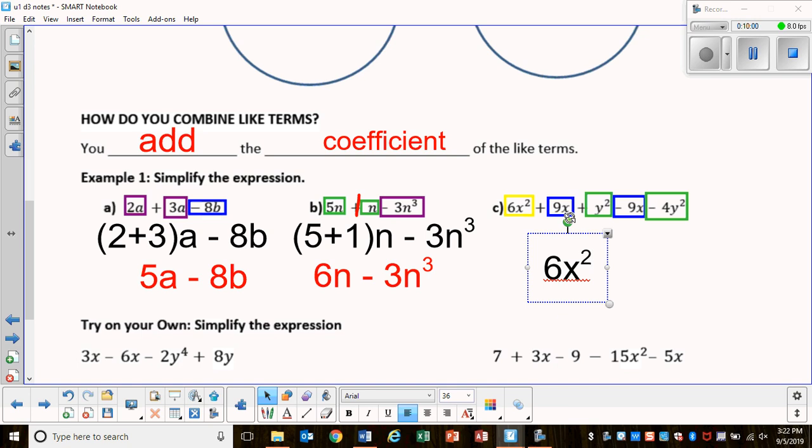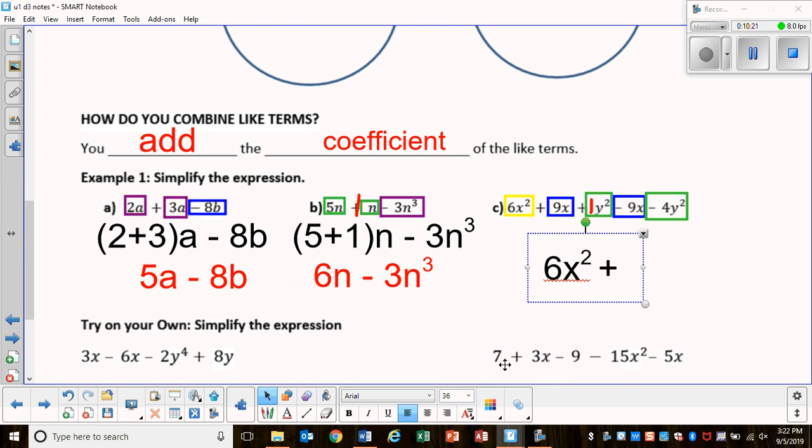Then I can look at the y-squareds. This guy has a coefficient of 1. This guy has a coefficient of -4. So, I'm going to go ahead and do that. Sorry, things are funky.